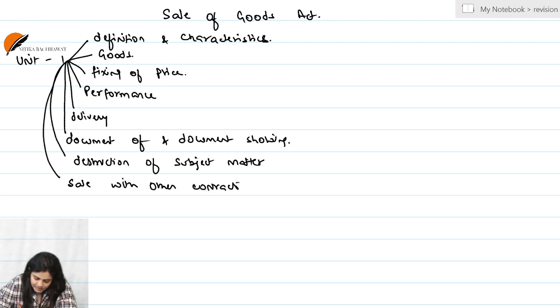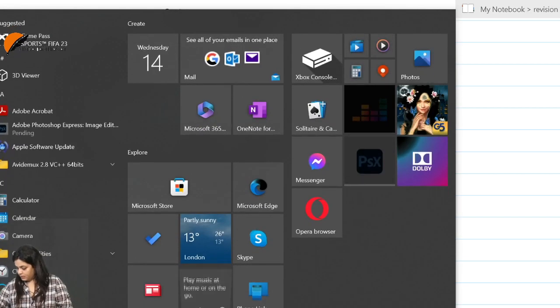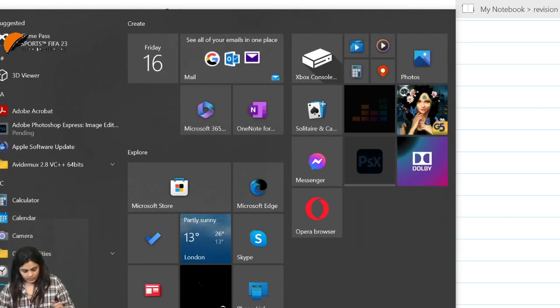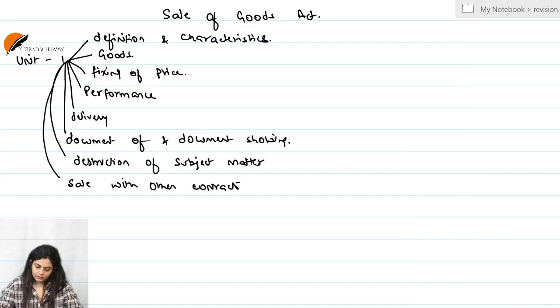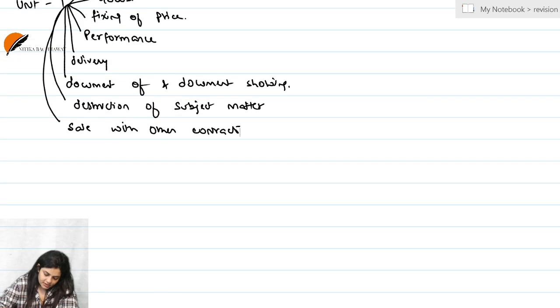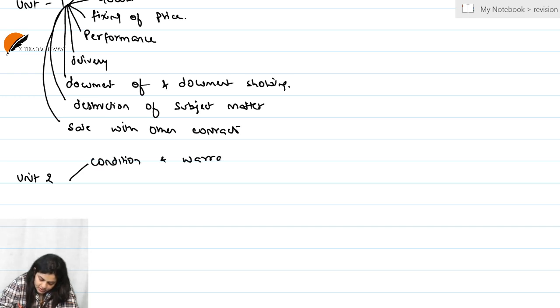For example, sale compared to agreement to sell, sale compared to hire purchase, and sale compared to bailment. Then after this, we had Unit 2, where we had discussed the meaning of the words conditions and warranties.